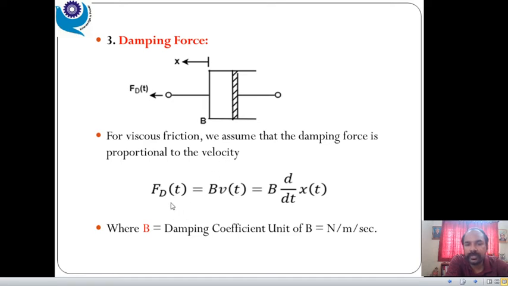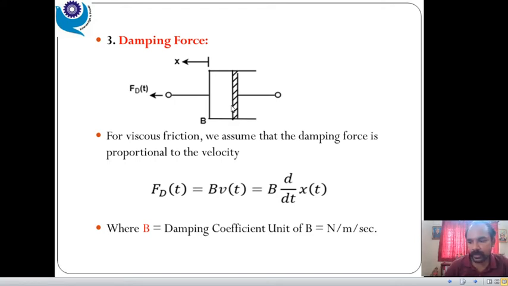Okay, so the equation is given by Fd of t, that is a force, equals B V of t, isn't it? Now V of t has been replaced by dx of t upon dt, that is change in the displacement, right? Similarly, when we apply a force in this direction, displacement occurs in the same direction, that is x of t, right?